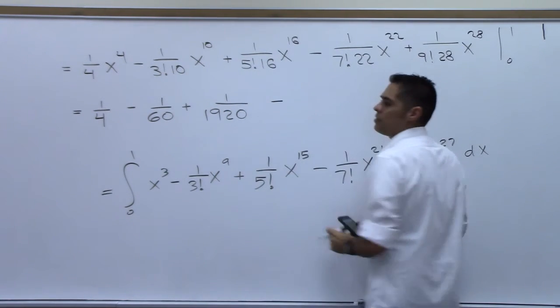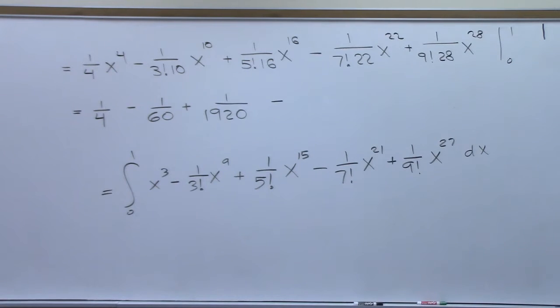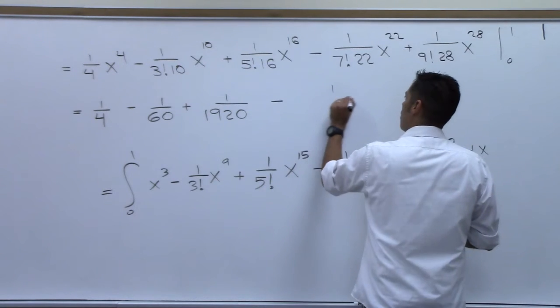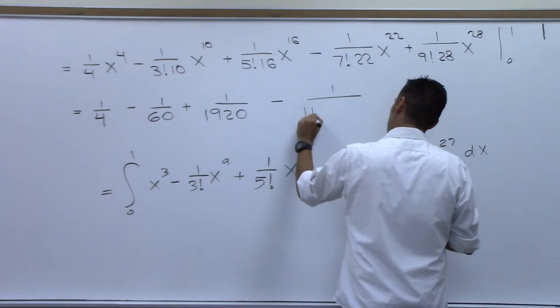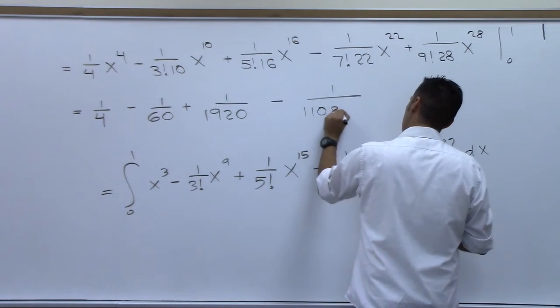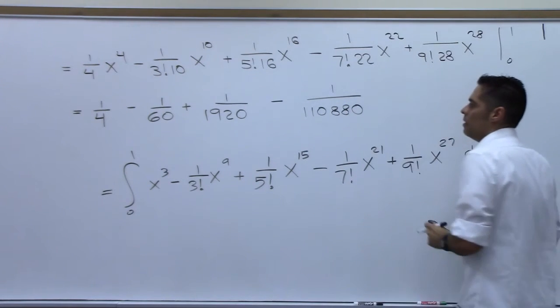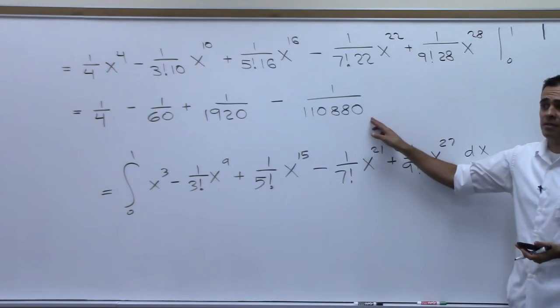Okay, minus, what's 7 factorial? 5,040? Times 22? Ooh. 1 over 110,880. These numbers are getting really small really fast, right?